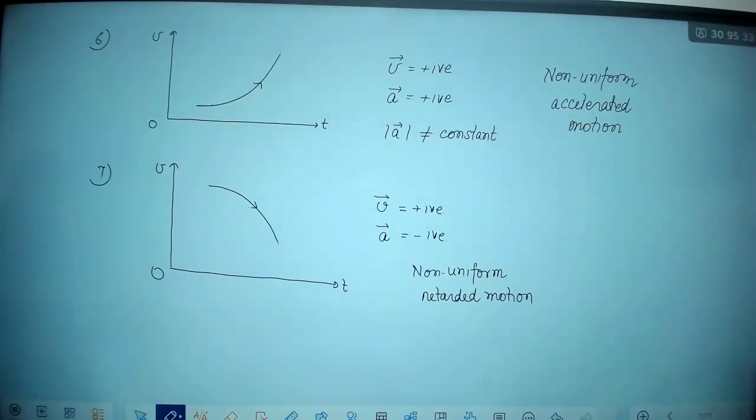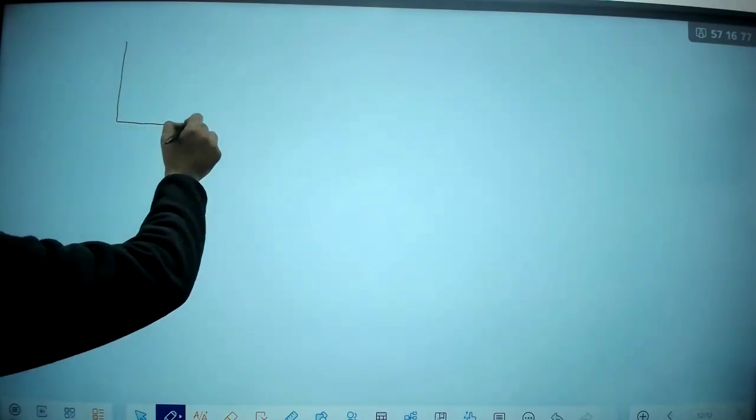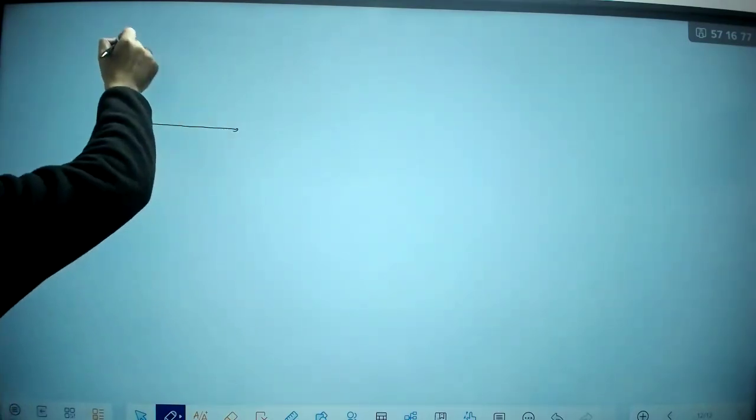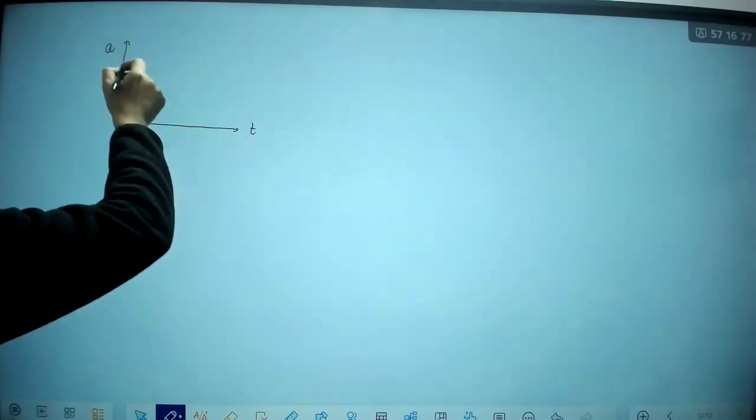Okay? So these are most of the graphs of velocity as a function of time. For acceleration, it may be like this. If you plot, not so many graphs are there. You may find only this.